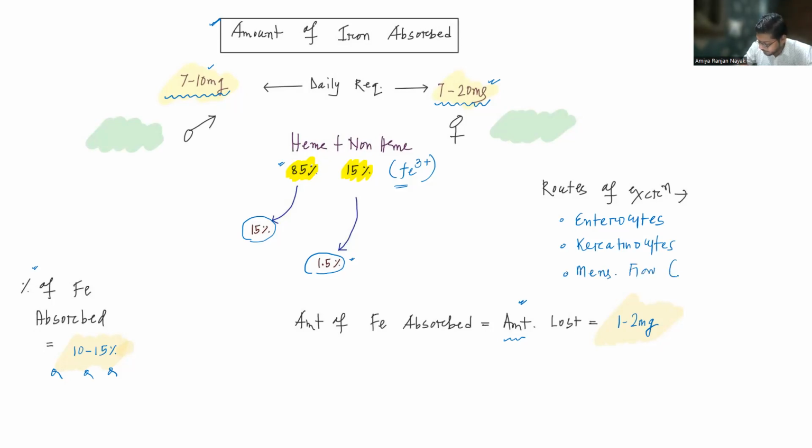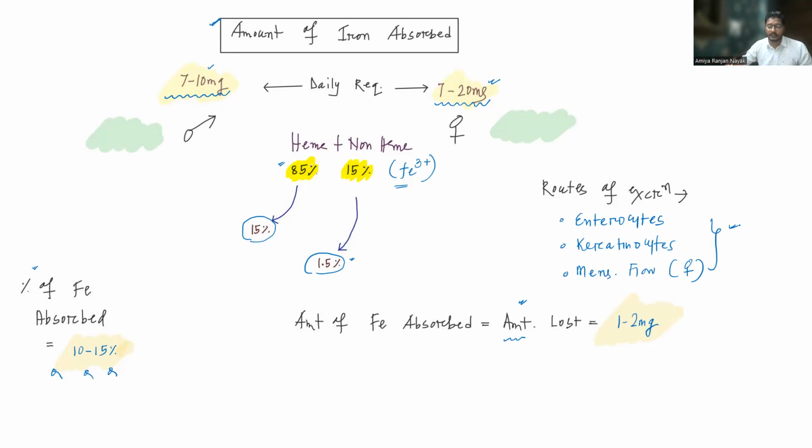Of course, this is only in females. So these are the routes of excretion of iron. Every day around 1 to 2 milligram of iron is getting lost, and we also absorb only 1 to 2 milligram of iron. So if there is a decrease in consumption or decrease in absorption, or if there is an increase in excretion of iron, you are going to have iron deficiency anemia.